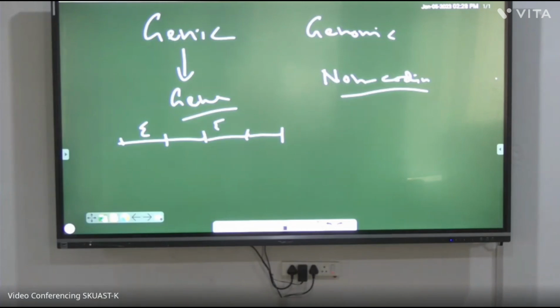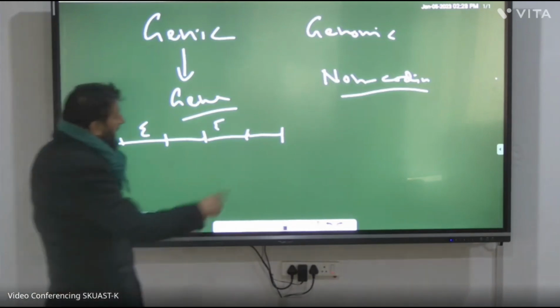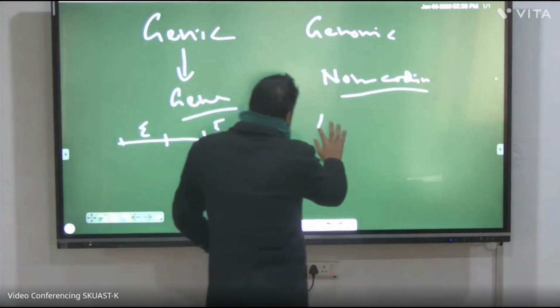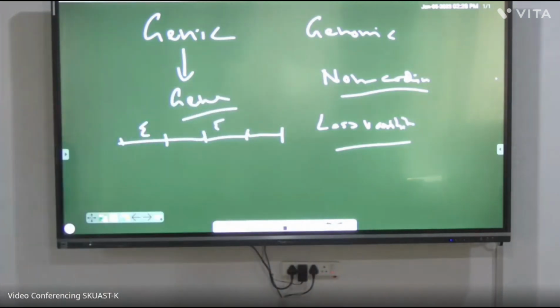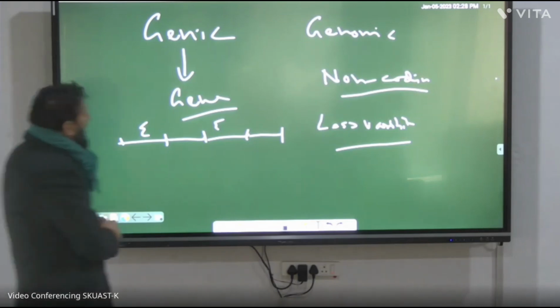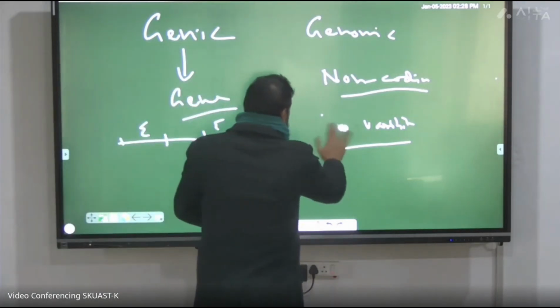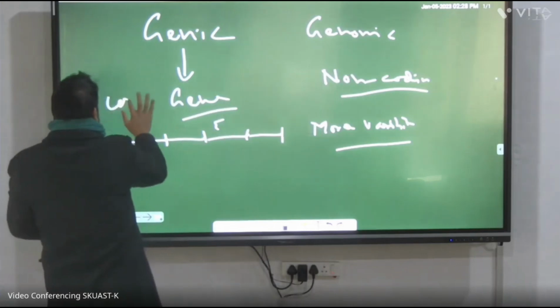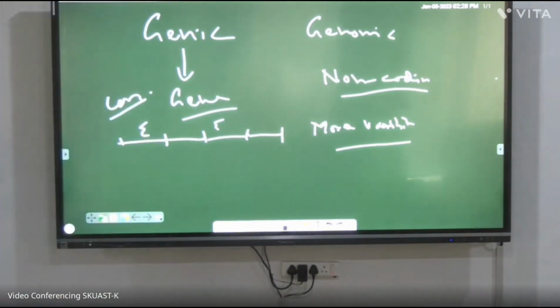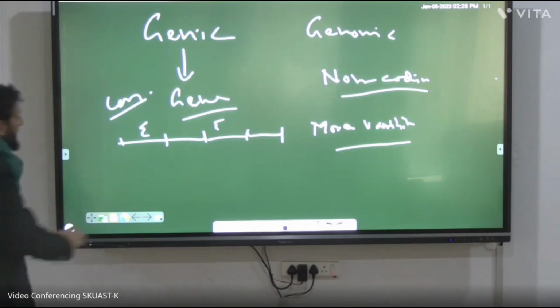Okay. These show less variability. These are more variable and these are less variable. ठीक है, so these are your SSR codominant markers.